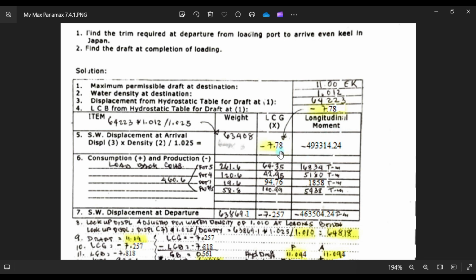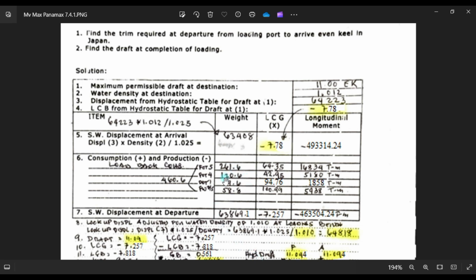Okay. Next, in number 6, we put now the consumable items. Take note, guys. We start from Japan, going down to Australia. So it's the reverse. So from Japan, you go down to Australia.